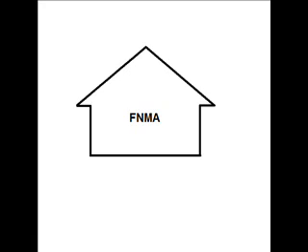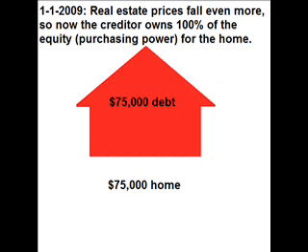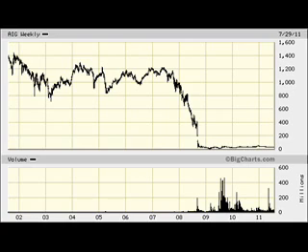Okay, so now the creditor owns 100% of the equity or purchasing power for the home. That's what happened by 2009. Now let's look at a couple of quick charts for AIG. In 2002, it's up at 1400. Goes down, slides pretty hard there. 2008, hasn't come up much since 2008, has it?